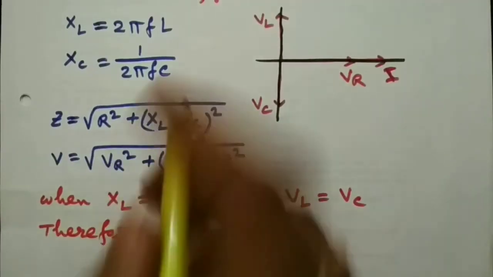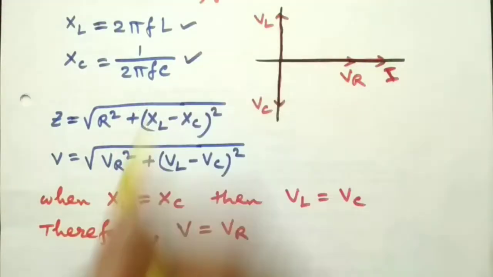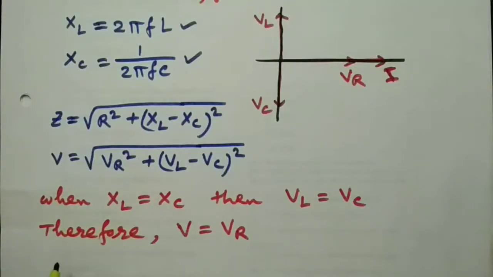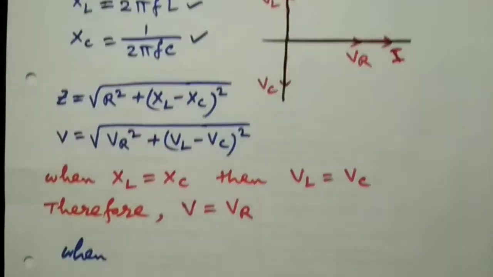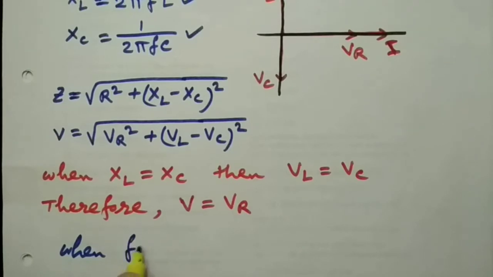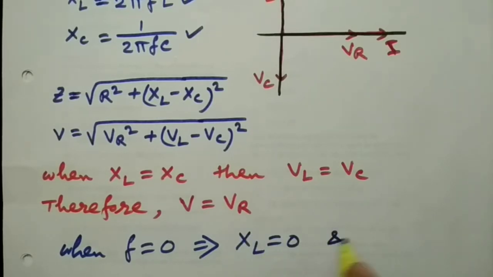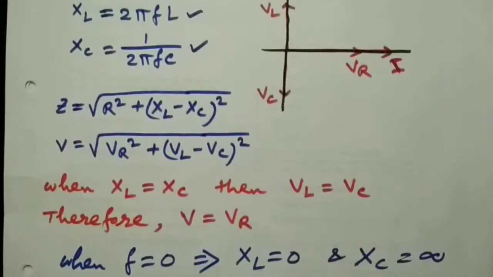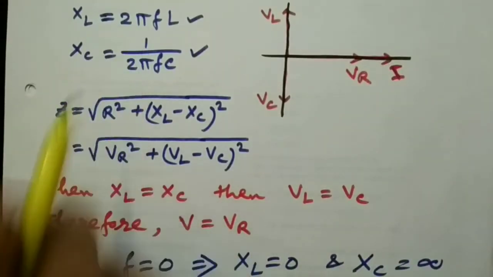Now, from these two relations, we can say that when the frequency f is equal to 0, then XL will be equal to 0 and XC will be equal to infinity. That we can see from these two relations.